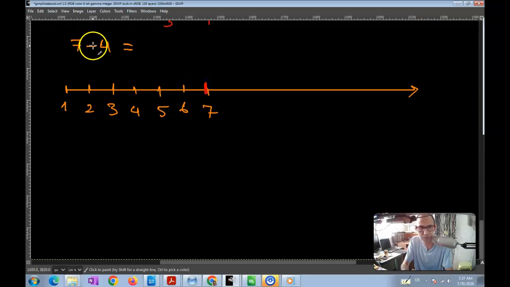Because I see the minus sign, the difference sign, or the subtraction sign, I will move in this direction towards the left, right? And then I will jump back 4 steps. So that's 1, 2, 3, and 4 steps, and I will end up over here.